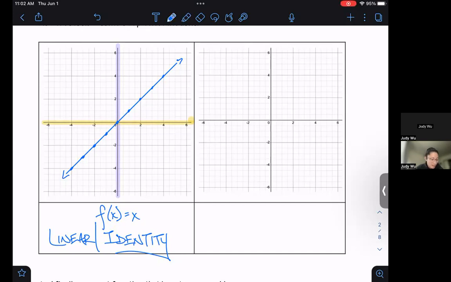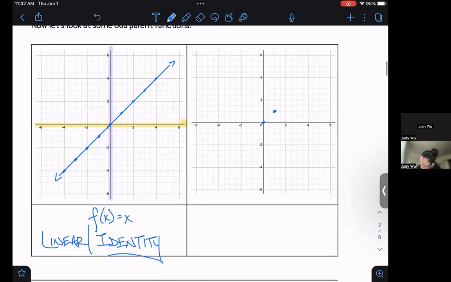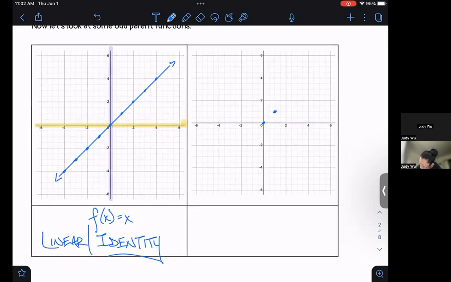The other odd function that I want us to take a look at is going to be at 0, 0 and 1, 1, and also -1, -1. It turns out that these are the points for a cubic function. If we were to put in 2, it would be 8, which is all the way up here, so that's off the grid, but I can imagine that it'll get there.